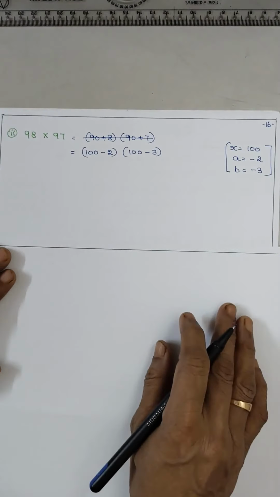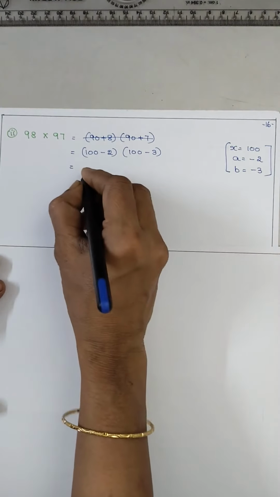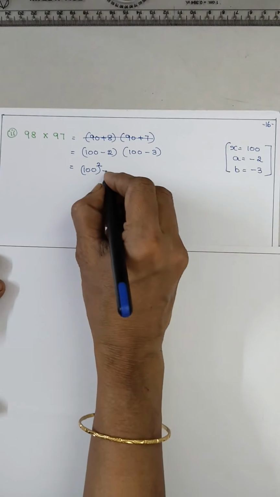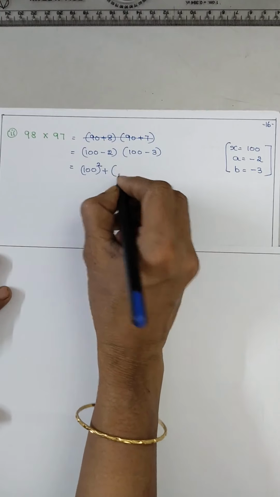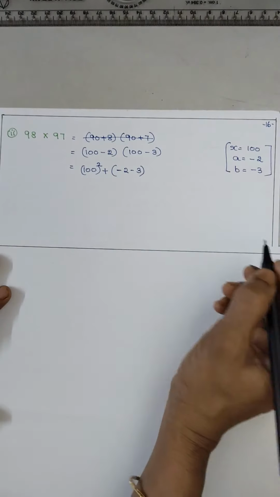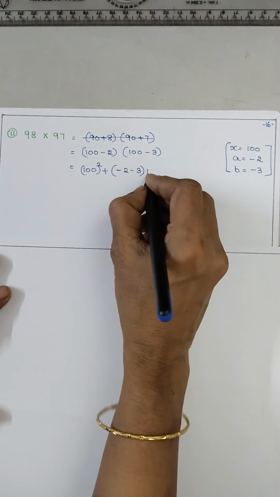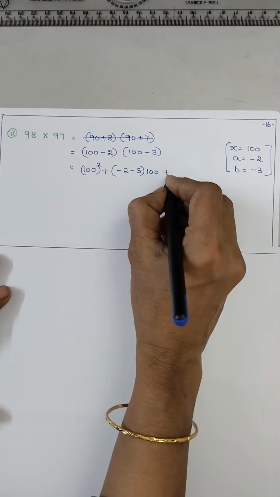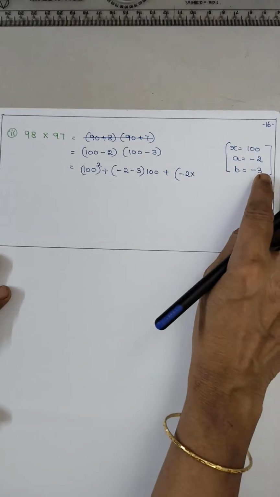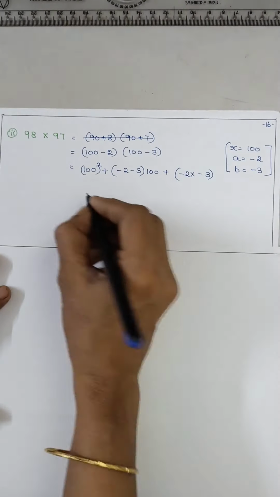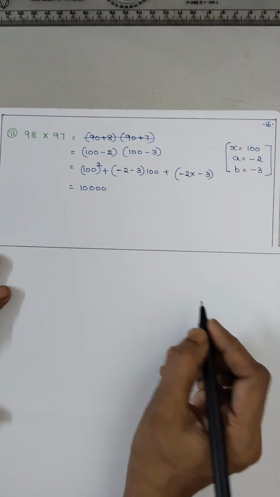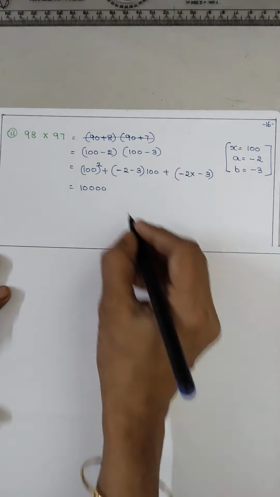Is it understood? Now 100 the whole square, that is x squared, plus (a plus b), minus 2 minus 3, into x, that is 100, plus a into b, minus 2 into minus 3. 100 square is 4 zeros, that is 10,000.